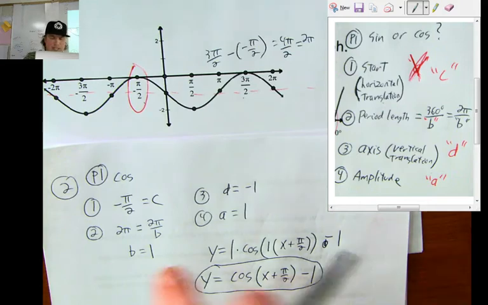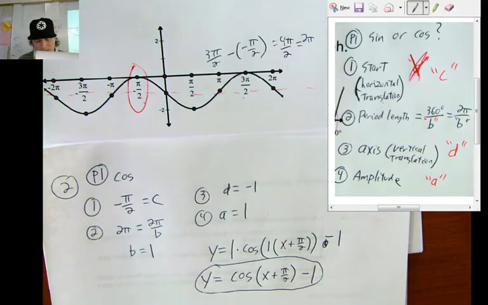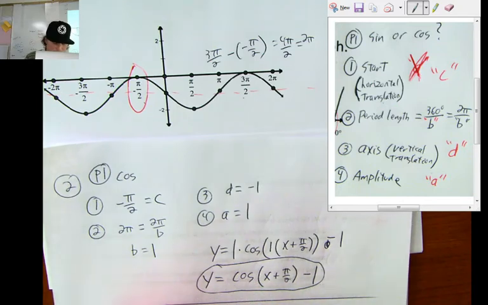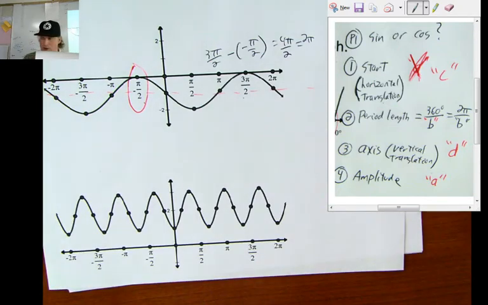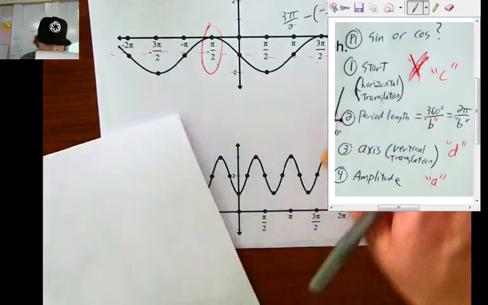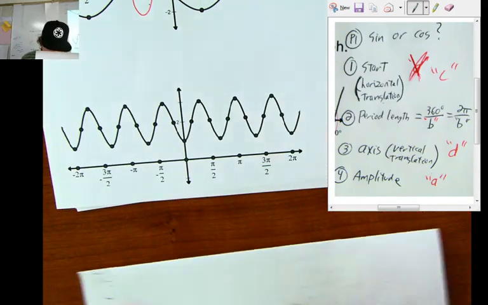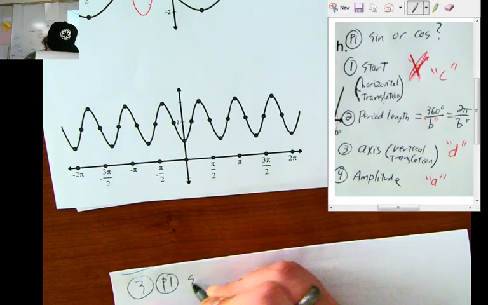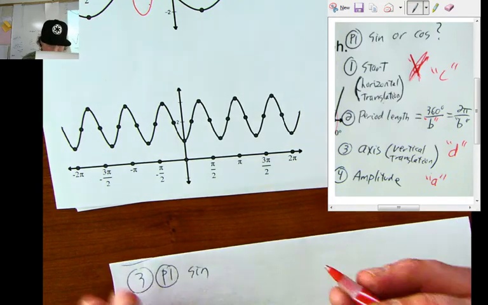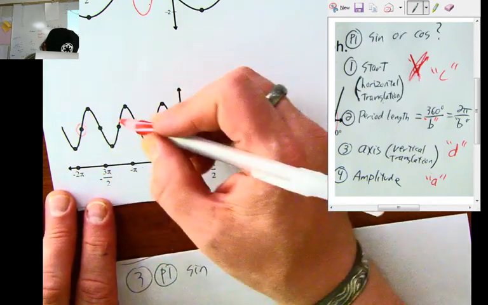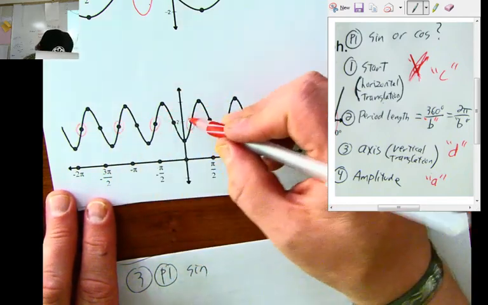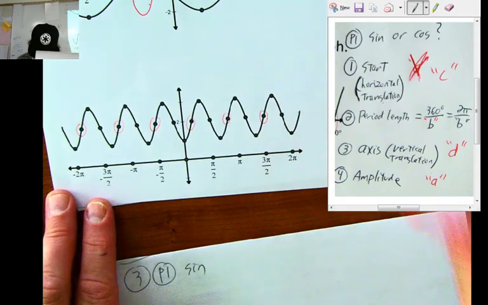All right, number 3. Because I did a cosine graph for number 2, for my last example today, number 3, I'm going to do a sine graph. Ooh, lots of periods in this particular graph. So I've decided on a sine graph. It really doesn't matter whether you choose sine or cosine. And if I'm going to do a sine, I could do a start point here, here, here, here, here, or here.